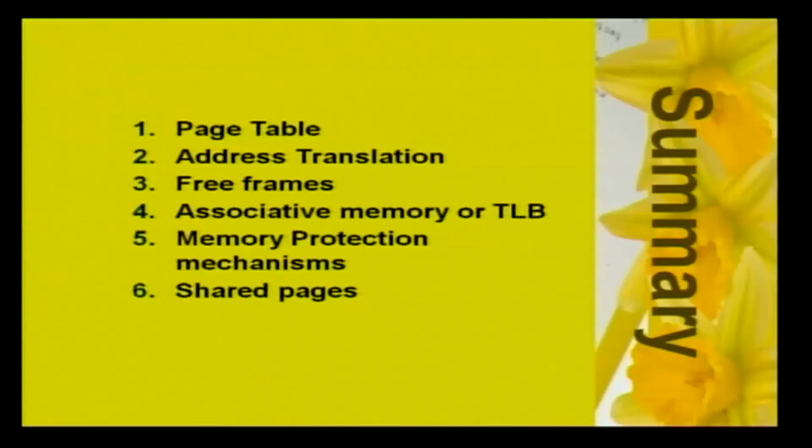In summary, in this lecture we have discussed the paging scheme, address translation mechanisms, the structure or visualization of a page table, and the free frames, how the operating system is keeping track of these free frames, the solution to internal fragmentation which we refer to as the associative memory or translation lookaside buffer, the memory protection mechanisms implemented in terms of valid invalid bits, which is a mark of bit 0 or bit 1 among the frames, and the advanced mechanism of sharing the pages, that is in terms of sharing the code or sharing the data among the processes available inside your operating system.